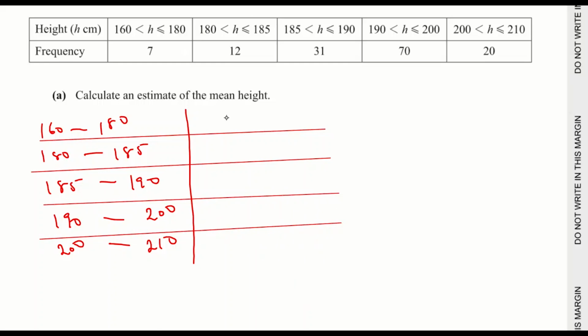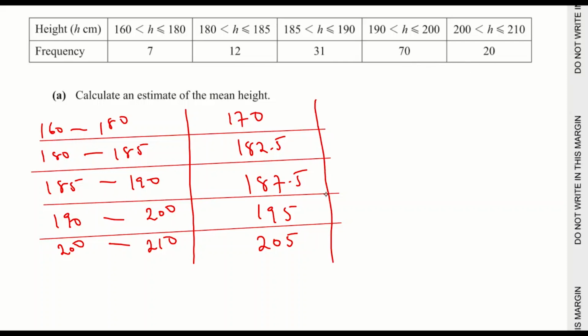Then if we find the average, this will give us 170. So this will give us 182.5. And this will give us 187.5. This will give us 195. And this will give us 205. Okay, so we have the frequency. So 7, 12, 31, 70, 20.